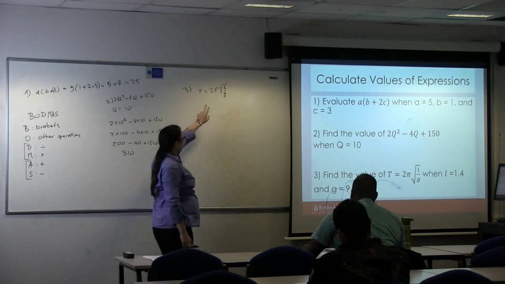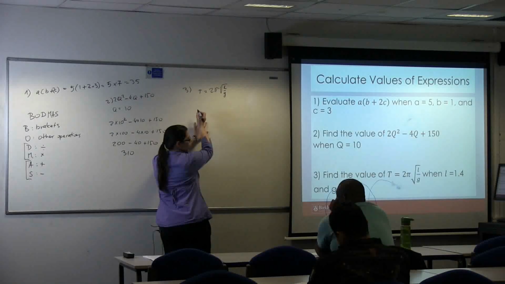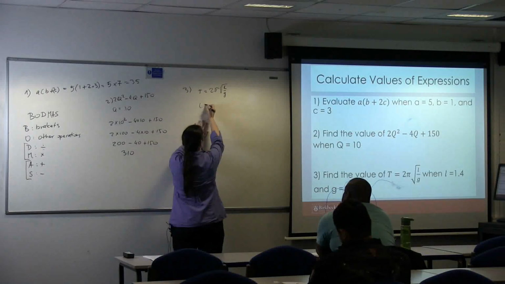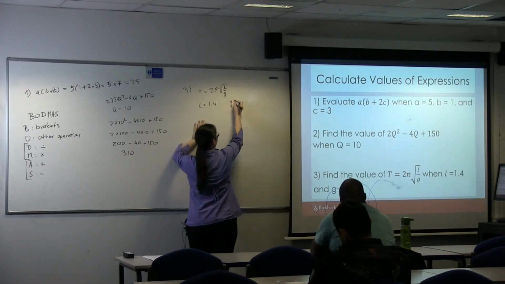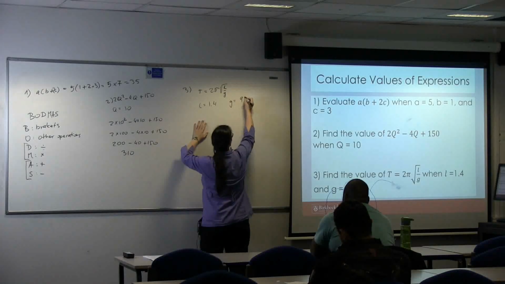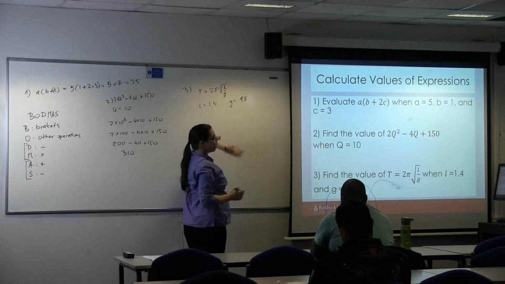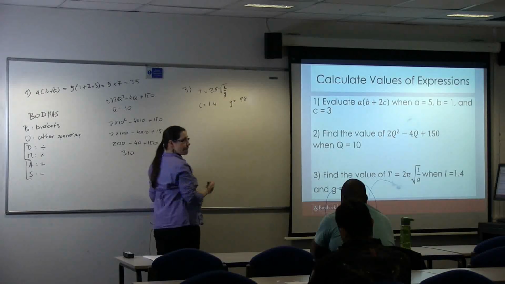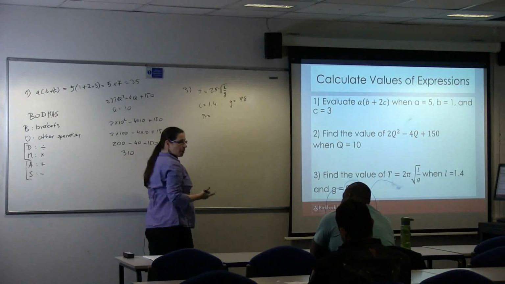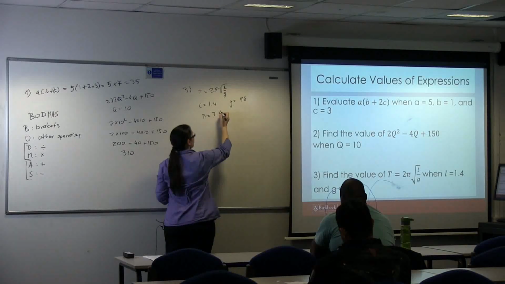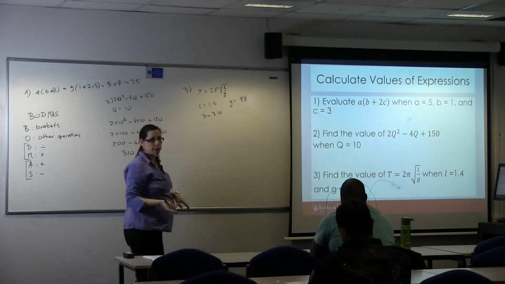Now, I have been given the value of L being 1.4 and G being 9.8. How about pi? 3.1. So you need to remember that pi is a special number, and its value is 3.14 to 2 decimal places.